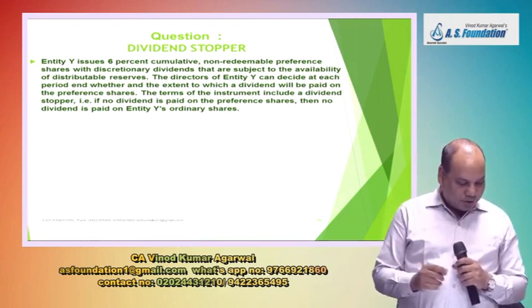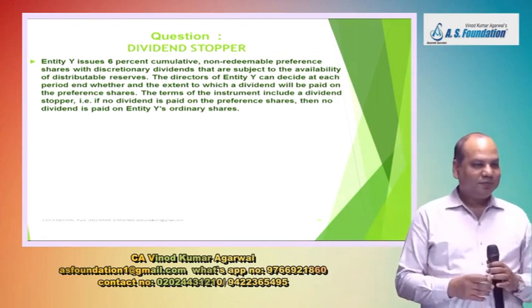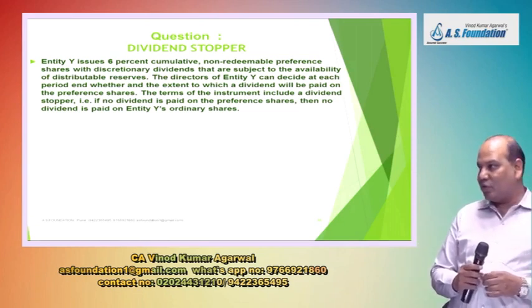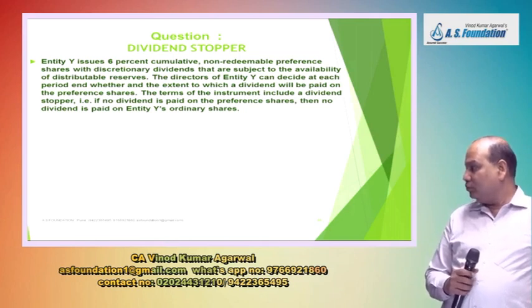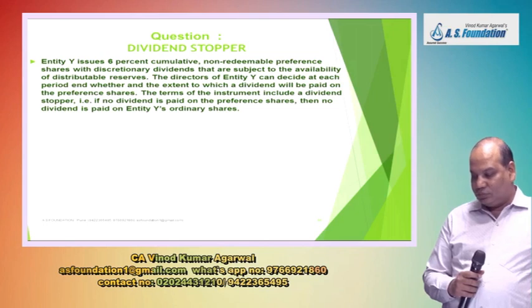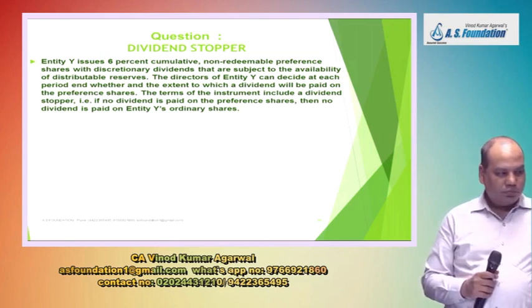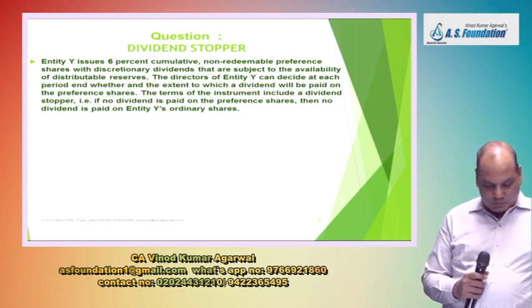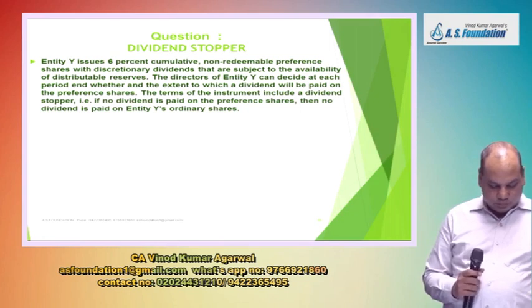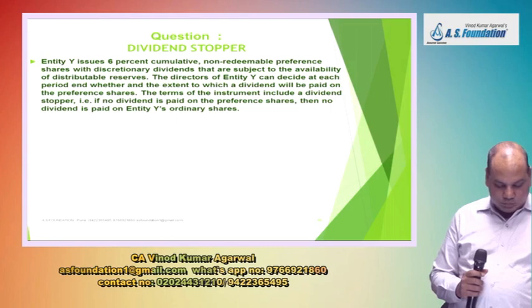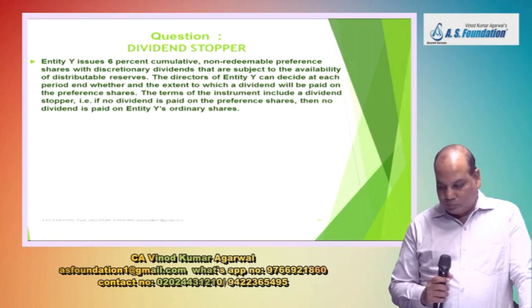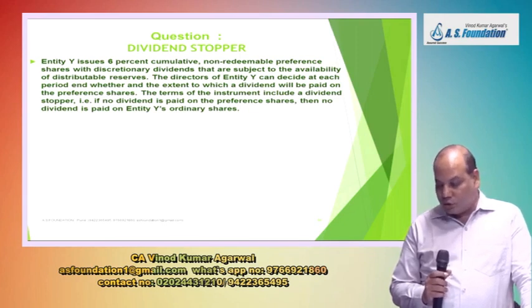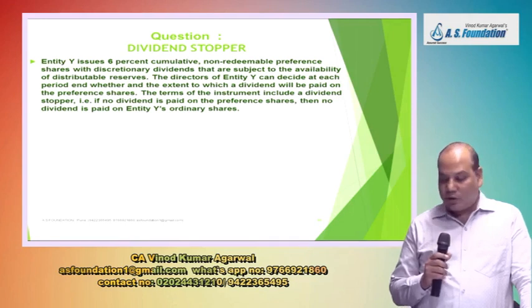Okay, 30 seconds for this question number 16. Question is, entity Y issues 6% cumulative non-redeemable preference share with discretionary dividend that are subject to availability of distributable reserve.